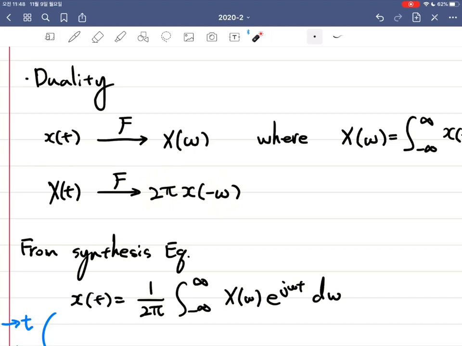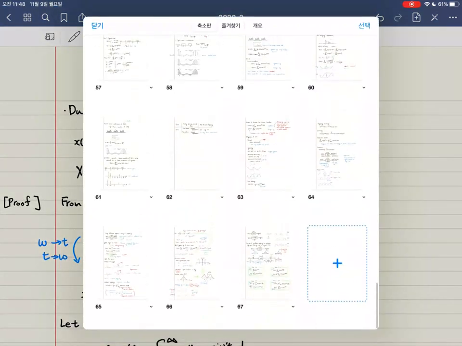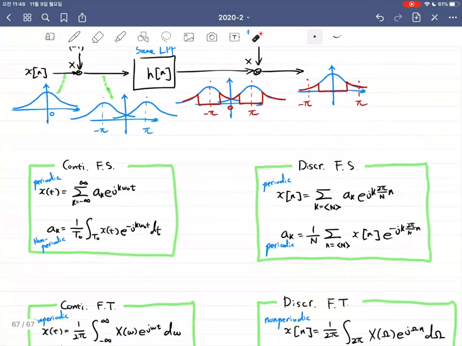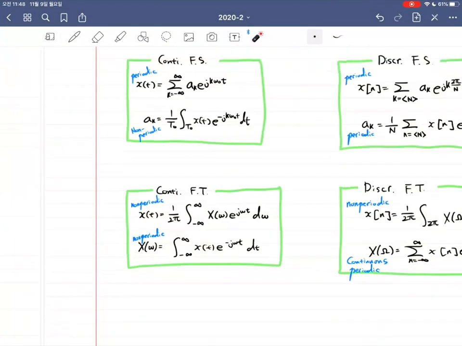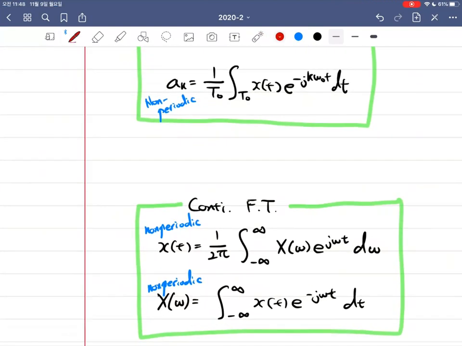But the basic idea about the duality is that if you apply the Fourier transform twice, then you get the original one. Okay? So that was the idea of the duality. And I really want to check the duality between these four groups. So I will indicate duality like this. Okay?